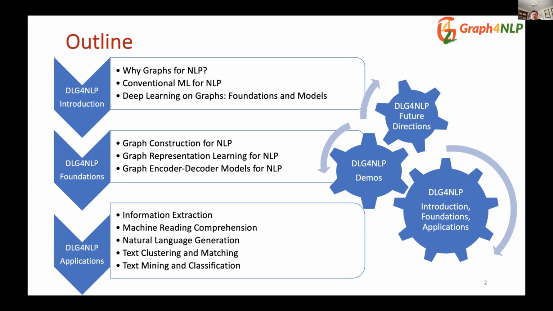After that, we will briefly introduce our DLG4NLP demo, our graph for NLP library, which is the first library for promoting easy use of graph neural nets for various NLP tasks. Then we will conclude this tutorial with future directions.